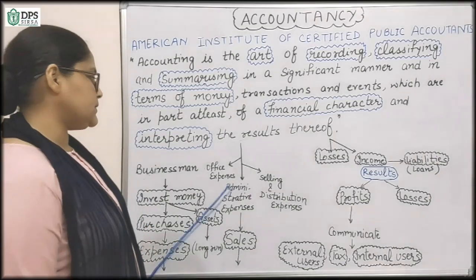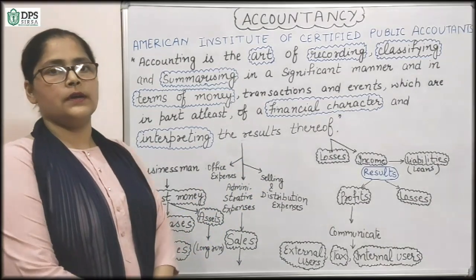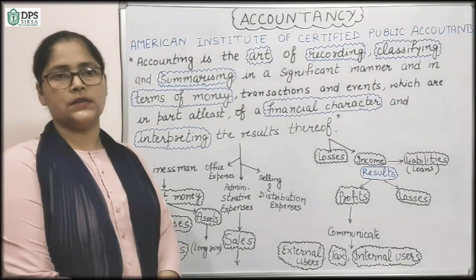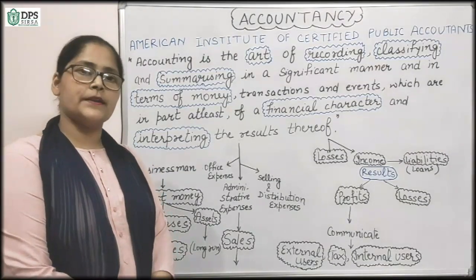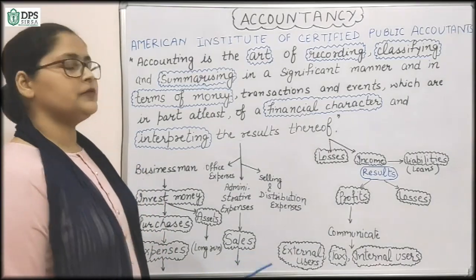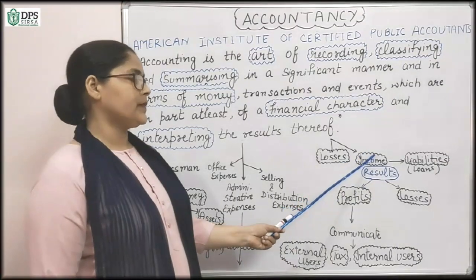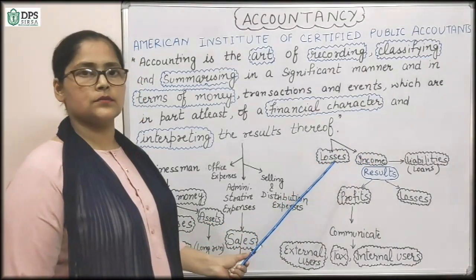After all these expenses, the production is ready for sale and the goods are ready for sale. From these sales, he receives income. He can have losses also.